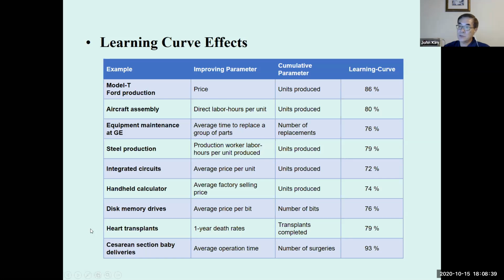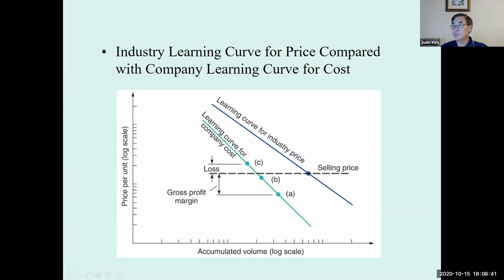And also in the industry, why is this learning curve important? Here the x-axis is accumulated volume, so the industry size or production size increases like this.